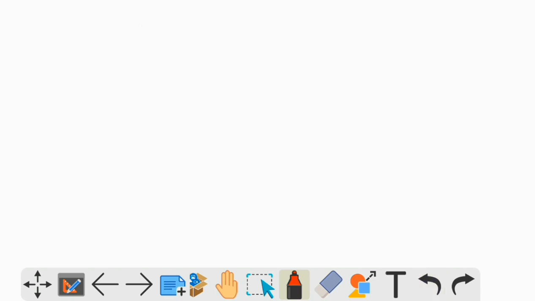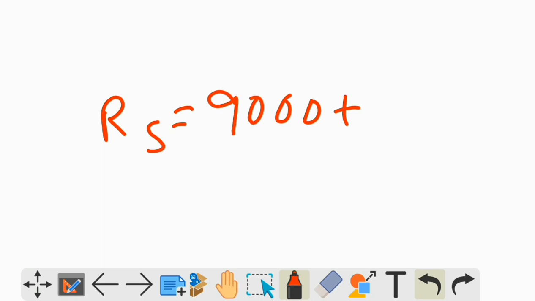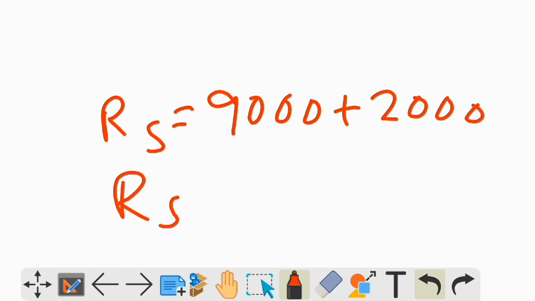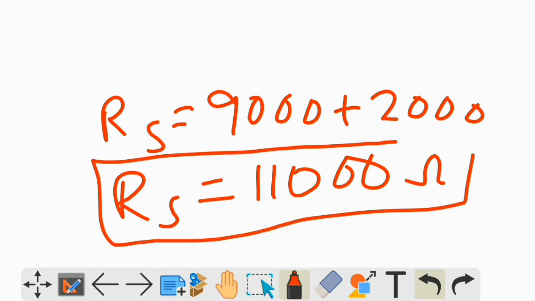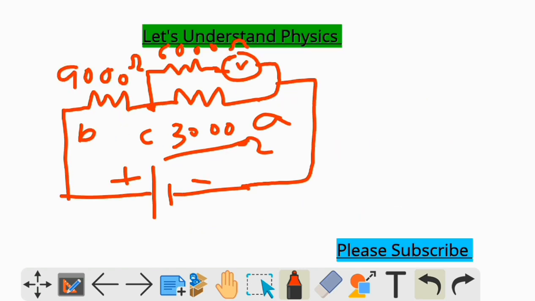Understood? Now let's see. RS will be equal to 9000 plus 2000 ohms. So RS is equal to 9 plus 2, 11,000 ohms. So this is the effective resistance of the circuit.